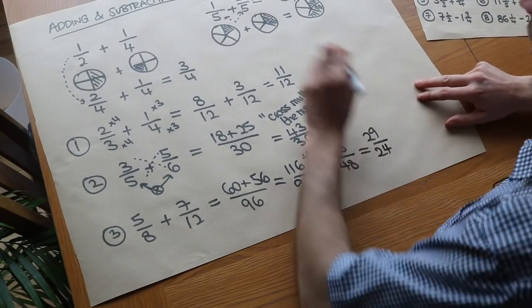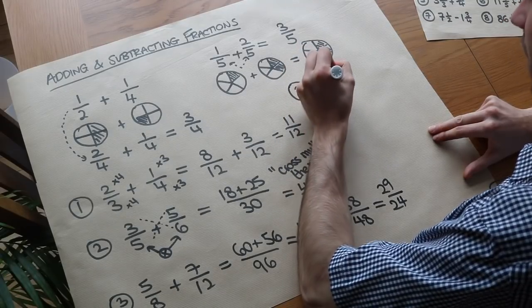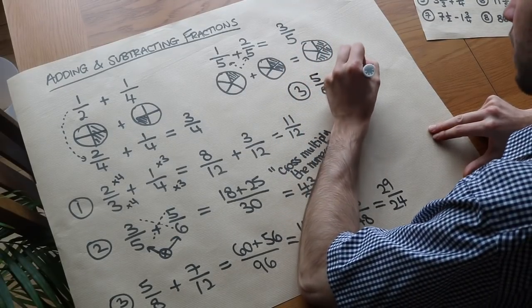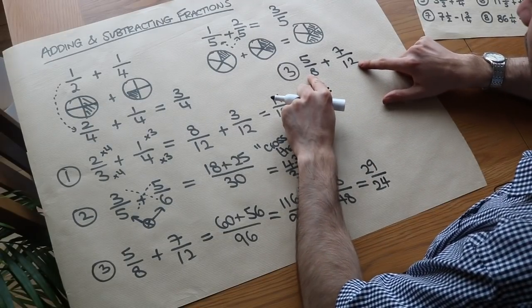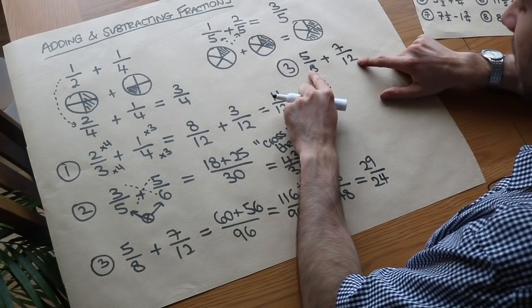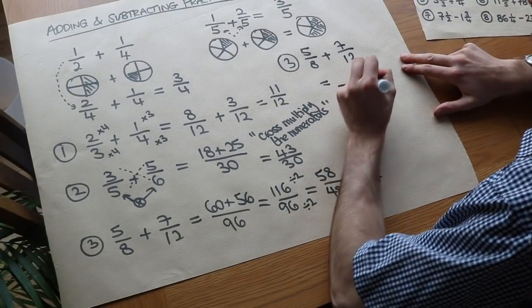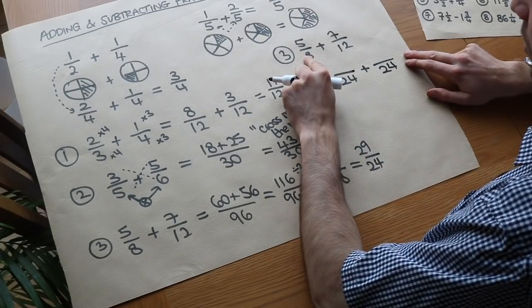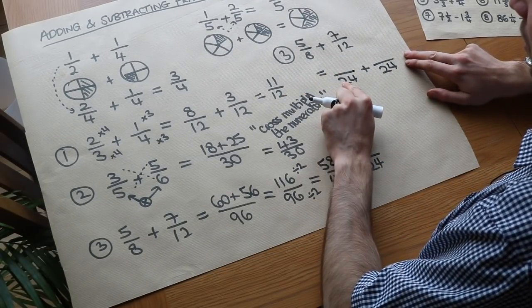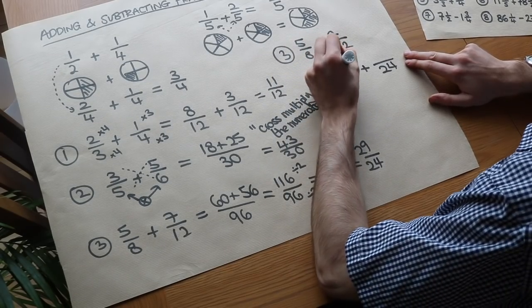Whereas if we use the previous method, so if we do question 3 again, 5/8 plus 7/12, and the previous method was to find a common multiple of 8 and 12. Well, 8 and 12 both go into 24, so we could do them both over 24. That's the lowest common multiple. Then what did we multiply 8 by to get to 24? We multiplied by 3, so we also have to multiply the 5 by 3 to get 15.